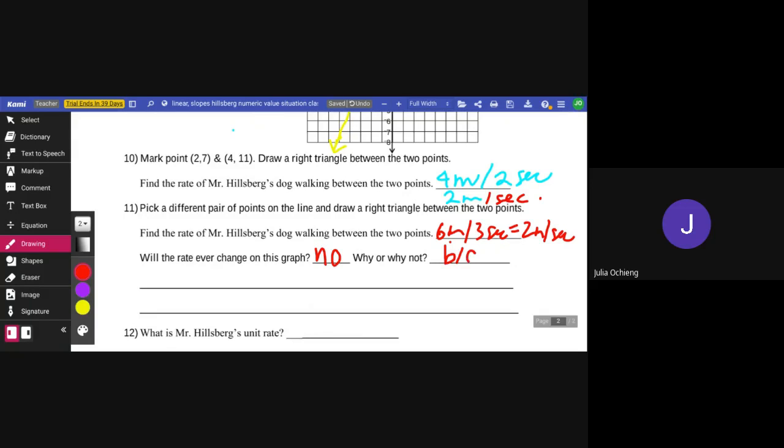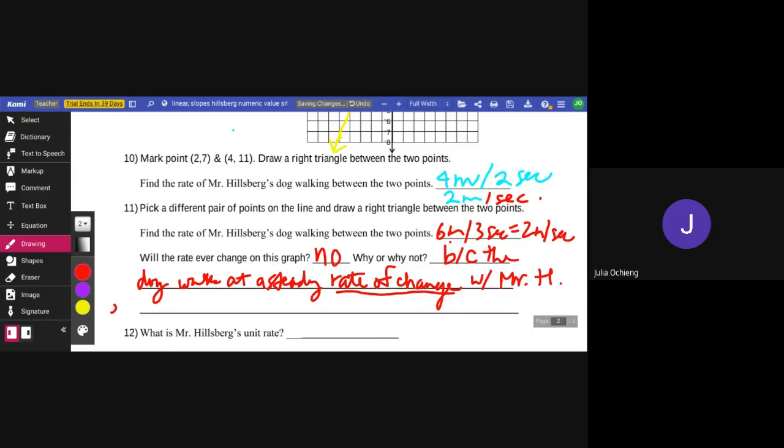According to the word problem, because the dog walks at a steady rate with Mr. Hillsberg. A steady rate of change. The rate of change is the vocabulary word for how fast he's walking with Mr. H. Now the graphical reason is, so the graph reason is, why will the rate of change never change?